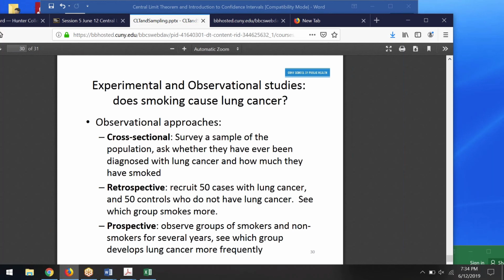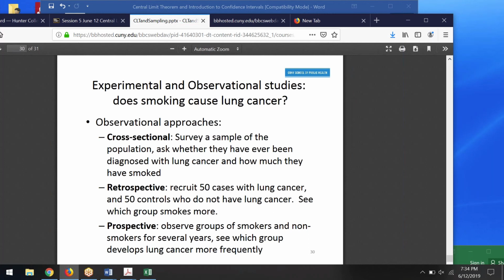So now you compare your 50 cases, people who have lung cancer, to the 50 controls who do not have lung cancer within the same cohort, and you ask yourself, how many of those 50 people who developed lung cancer or nasopharyngeal cancer worked with nickel?